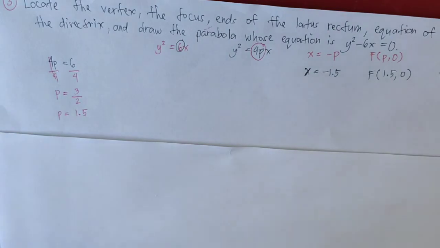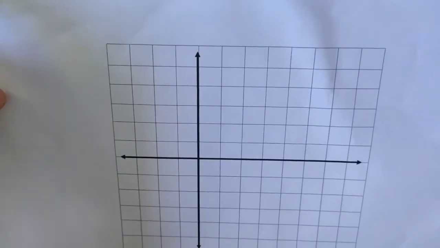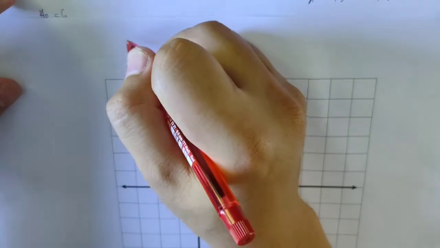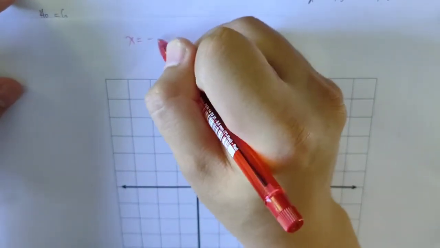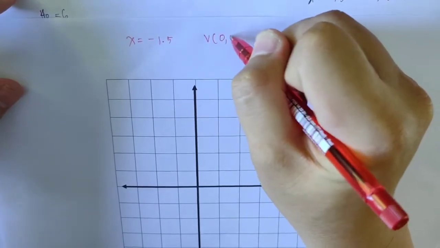Ngayon i-graph na natin yan. Yung mga nakuha natin: yung directrix natin, x is equal to negative 1.5. Vertex natin (0, 0).